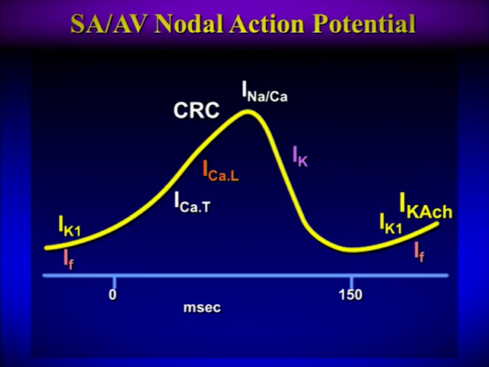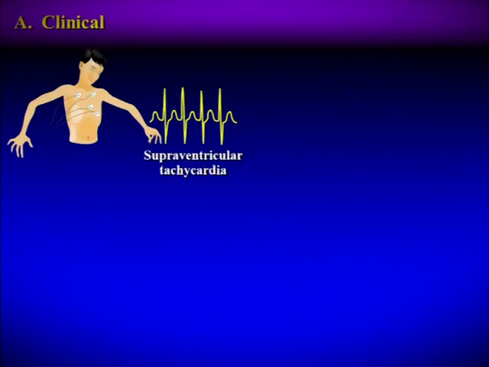In fact, we exploit this population of potassium channels every time we try to terminate an SVT.